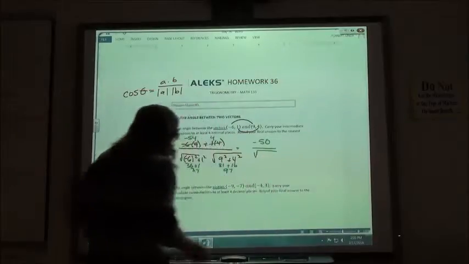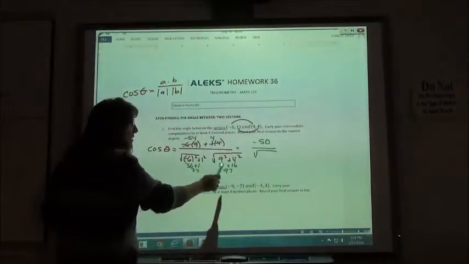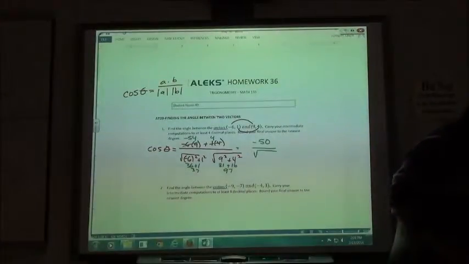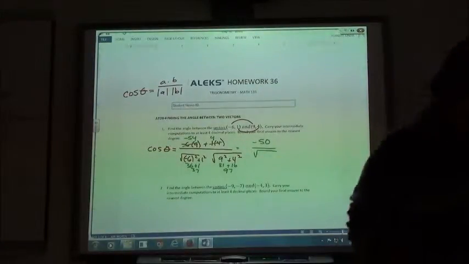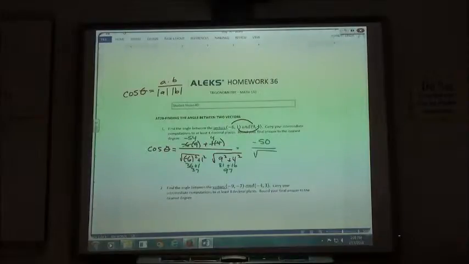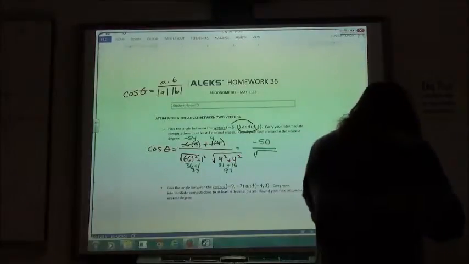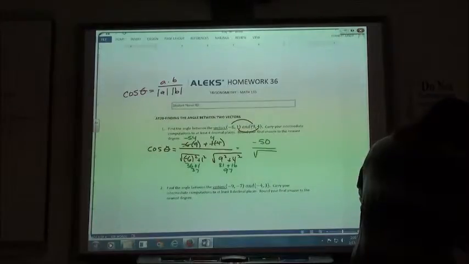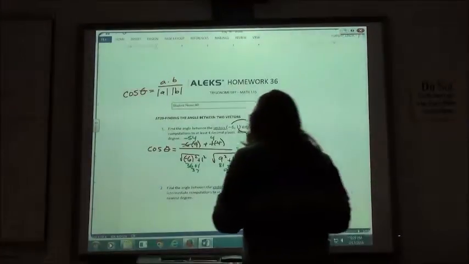So I have to multiply the square root of 37 times the square root of 97. I don't know that in my head, so I've got to find my calculator. If I multiply 37 times 97, I get 3,589.